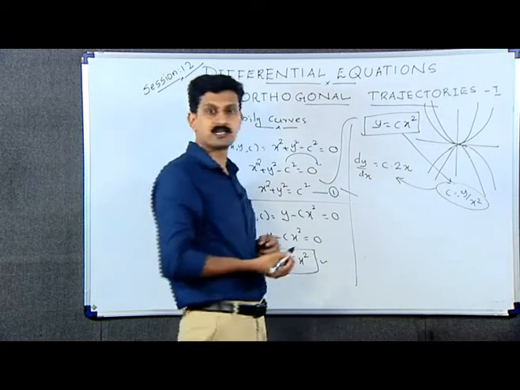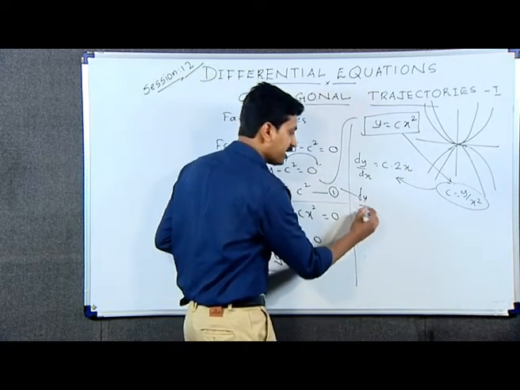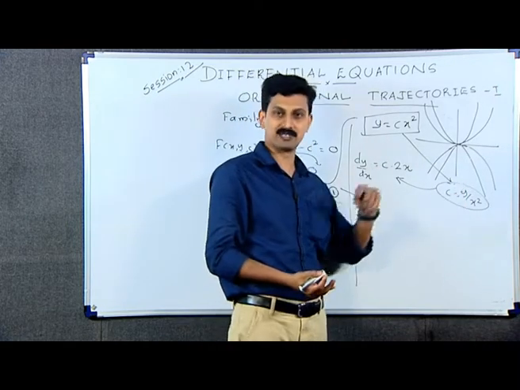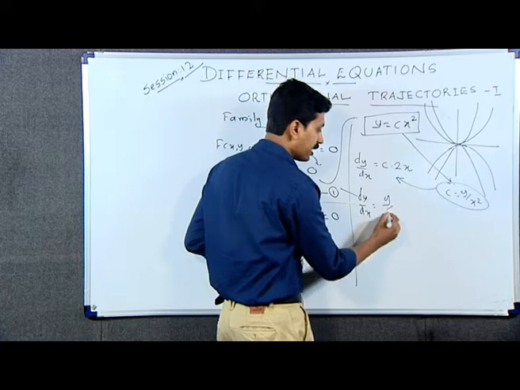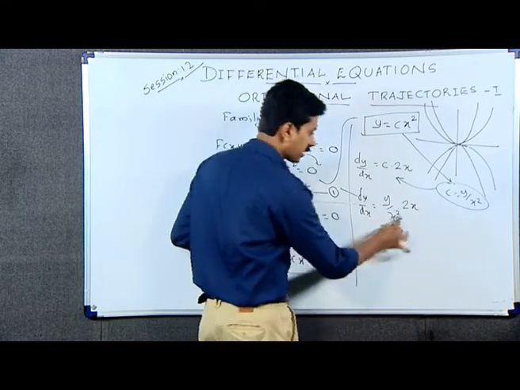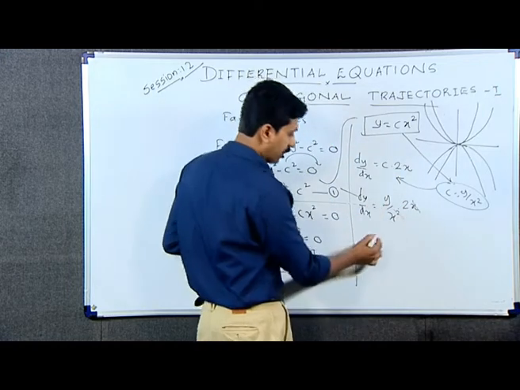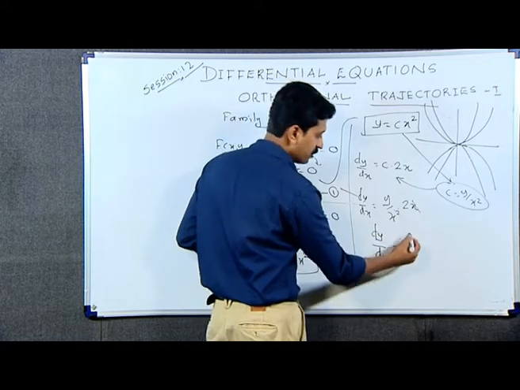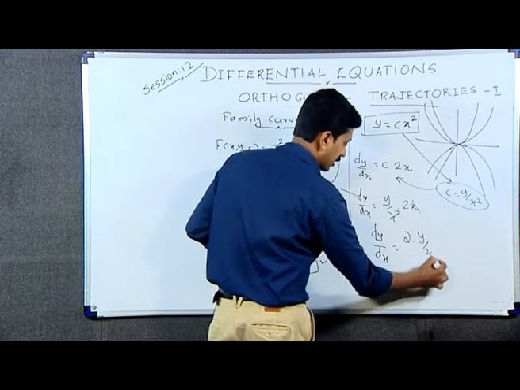What will happen? dy by dx is equal to, instead of c, we replace the value y by x square, so this is y by x square into 2x. We can cancel x and x from here. So, after all we have dy by dx equal to 2y by x.